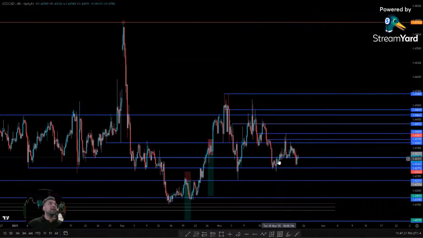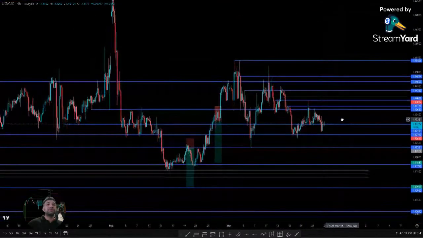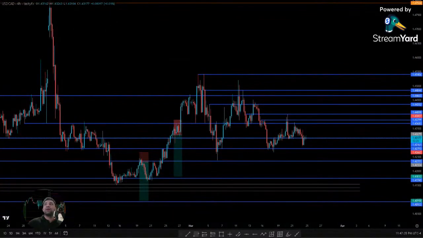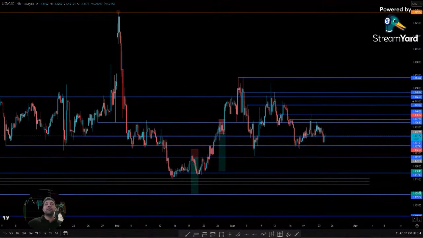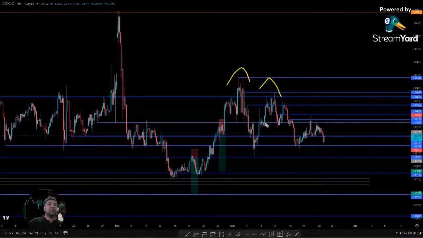So right here we have USD CAD. If we look at USD CAD right here, we can see that the dollar isn't performing as great as it was initially against the Canadian dollar.